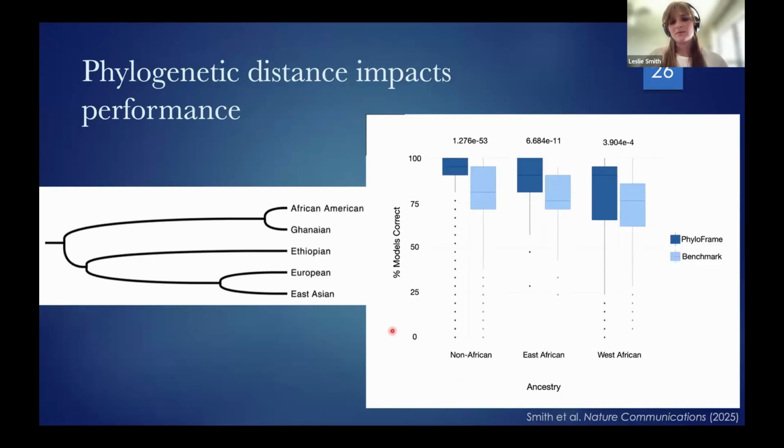This is showing the percentage of models that correctly predicted a sample, and for the European models, we see that for the samples closest to the training data, our models do the best. So we have East Asian and European kind of grouped together in non-African, and we have the best model performance. And then as we follow the phylogeny away from Europeans, we see our performance get slightly worse.